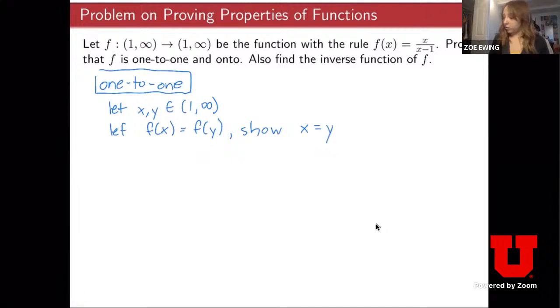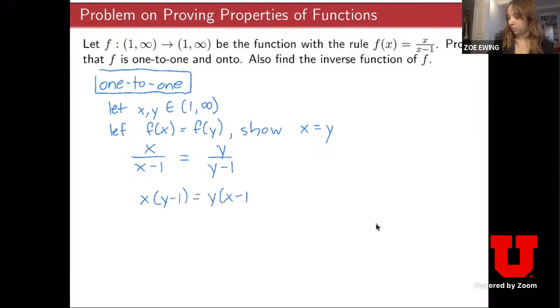If f of x equals f of y, then we have x over x minus 1 equals y over y minus 1. And we can multiply across to get x times y minus 1 equals y times x minus 1. And we'll multiply this out, have xy minus x equals xy minus y.